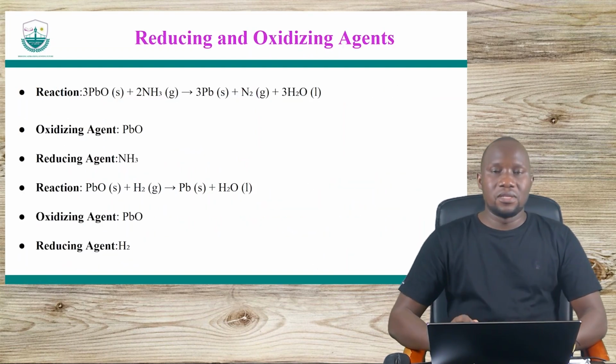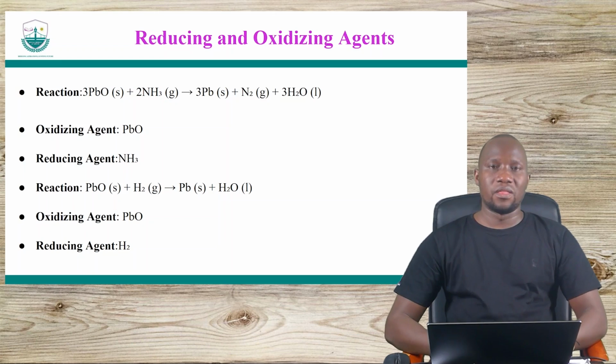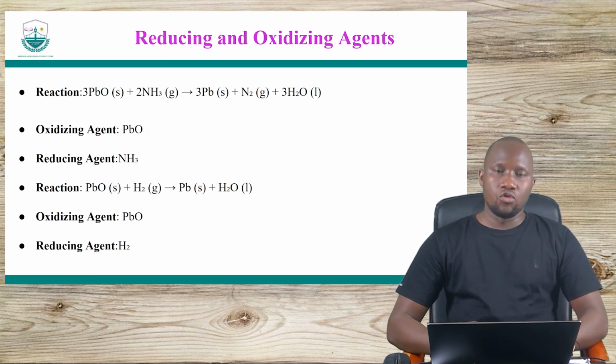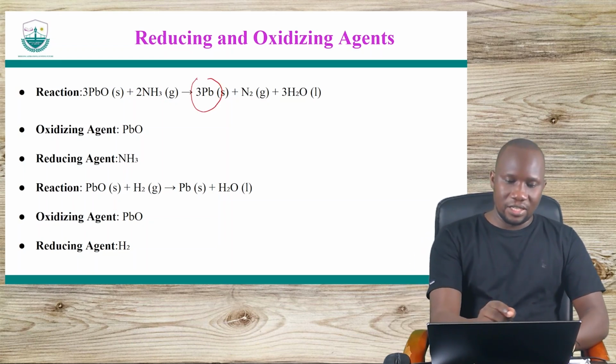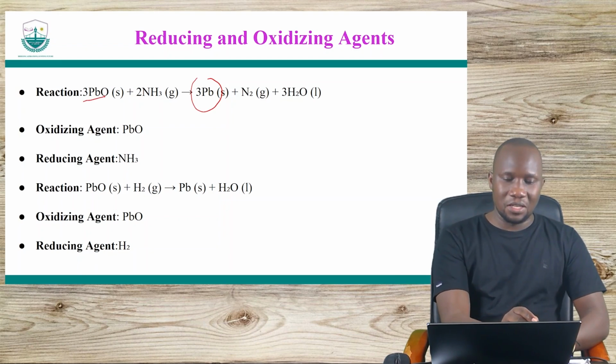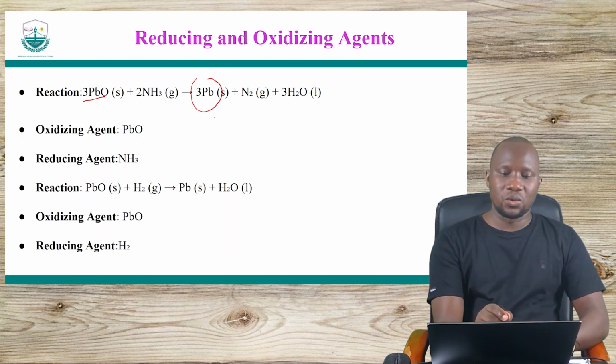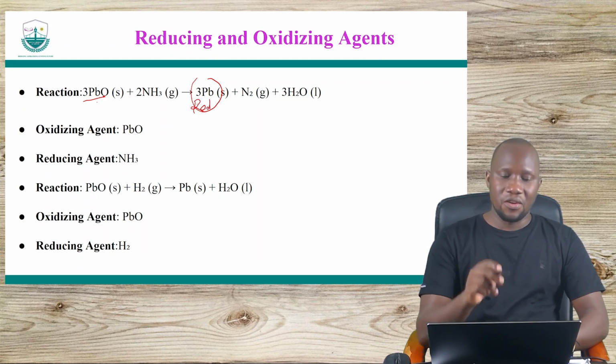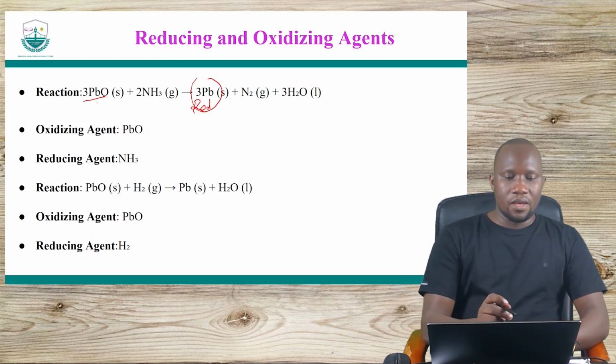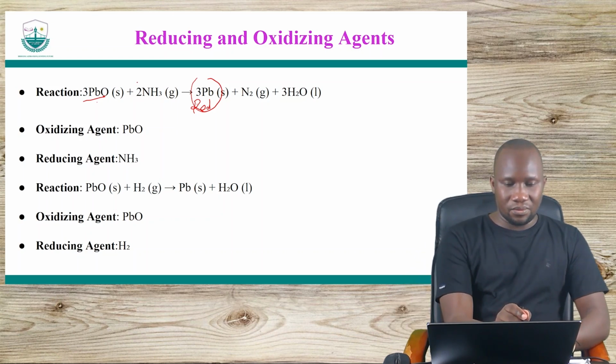Okay? So we have lead oxide combining with ammonia gas to form lead. What has happened? The lead oxide has lost the oxygen. So it has been reduced. And then we come here.